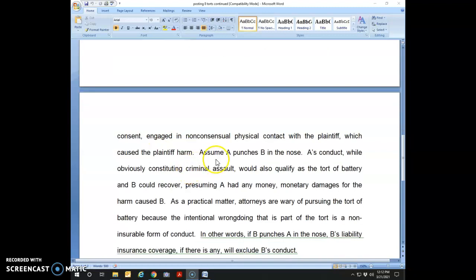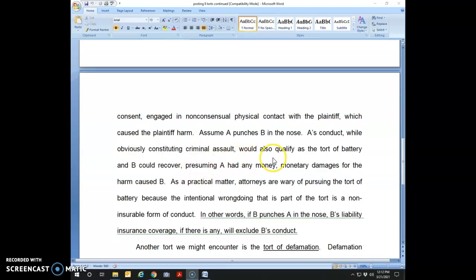And I just use a basic one. Assume A punches B in the nose, A's conduct. Remember, it can be criminal too. So while obviously constituting criminal assault, it would also qualify as the tort of battery, and B could recover, presuming A had any money.